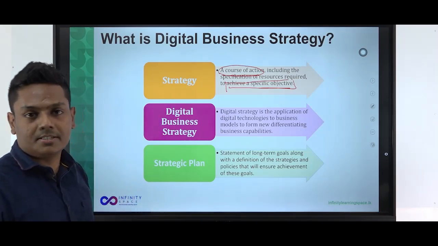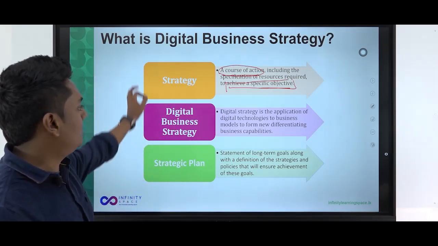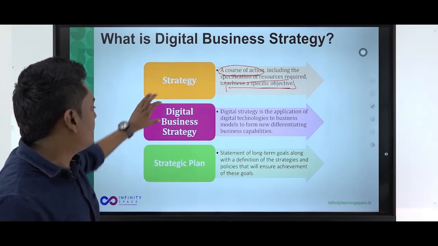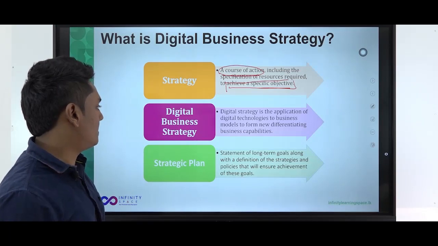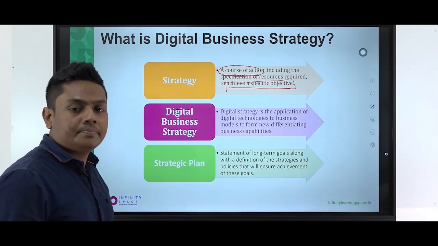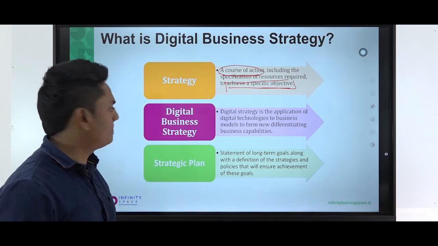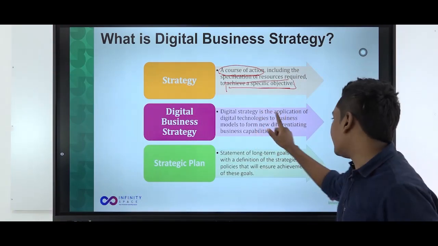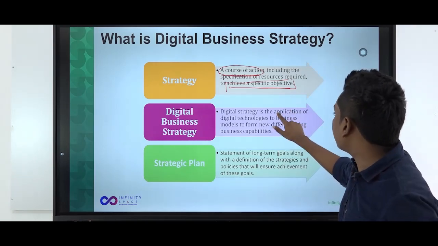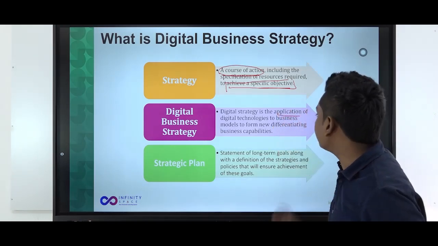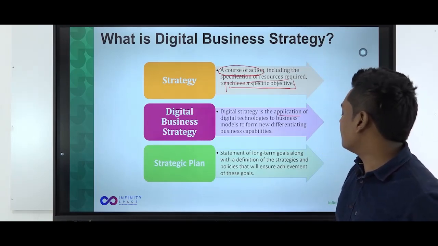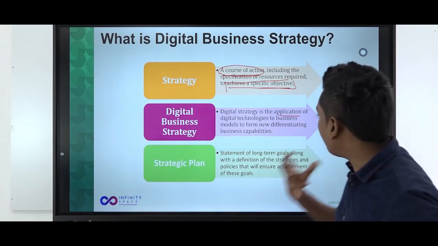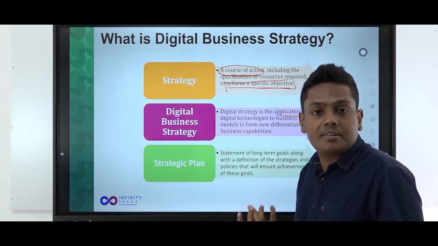Digital business strategy. Now you all have a very basic understanding there, the strategy, and here comes to the digital business strategy part. That is also the thing that we need to learn. Digital business strategy is an application of digital technologies to business models. It is what? It is the application, how you are going to apply these digital stuffs, right?